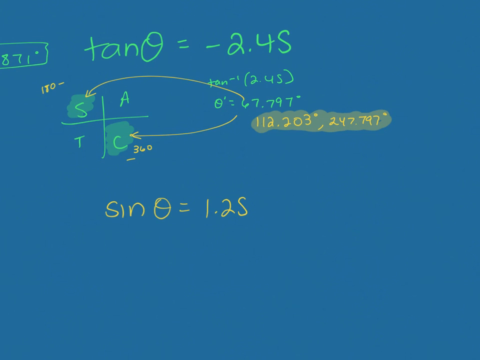All right, so if we follow like we've been doing, what would we do here? Figure out the quadrants. Where is sine positive? 1 and 2. And then I'd do what? Plug in inverse sine to the negative first.